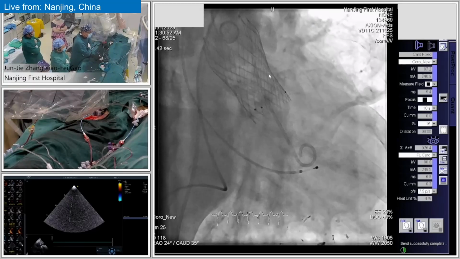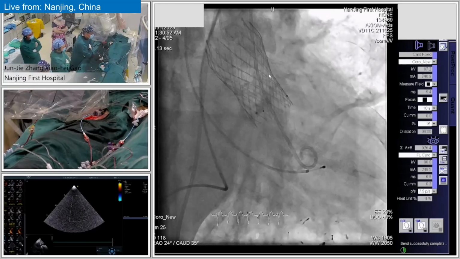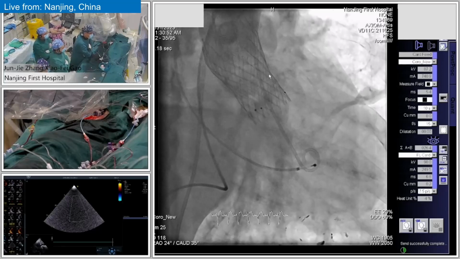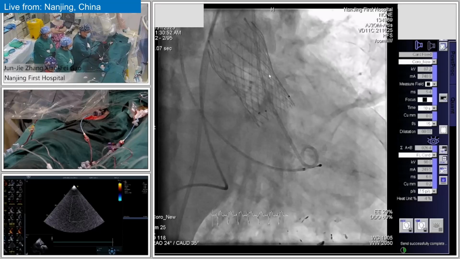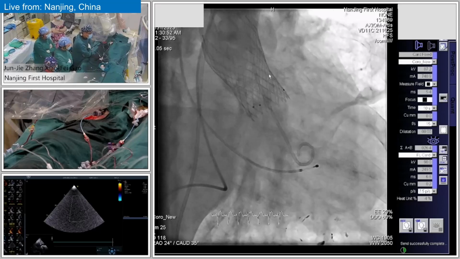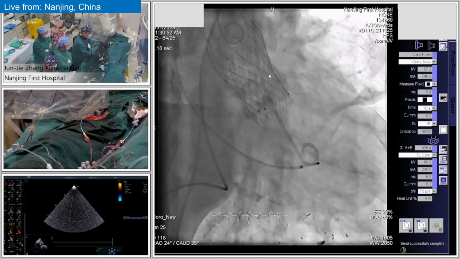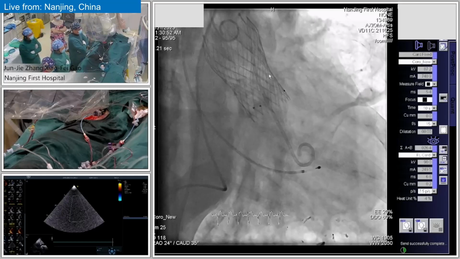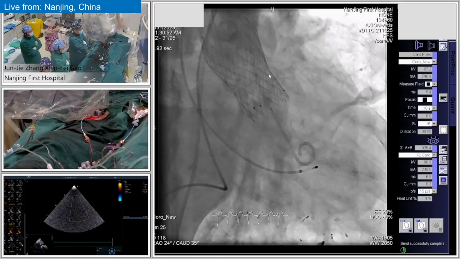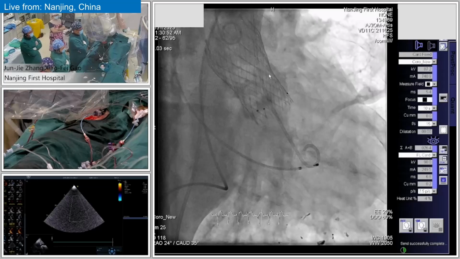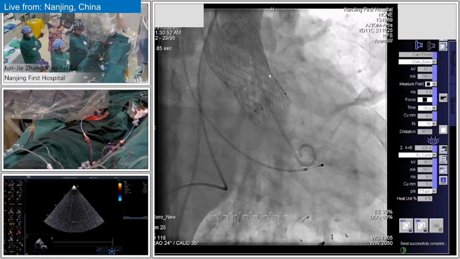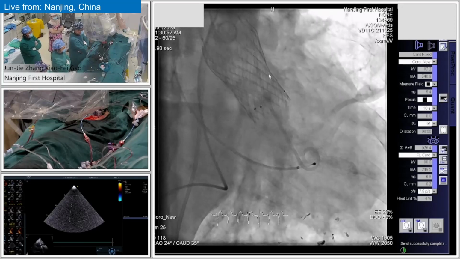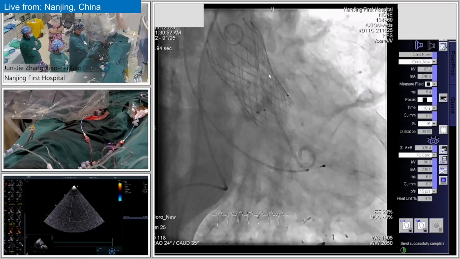The last question is what are the key considerations and challenges in performing transcatheter aortic valve implantation for patients with severe bicuspid valve stenosis. I think the first thing is valve sizing, especially for severe calcification with BAV cases.